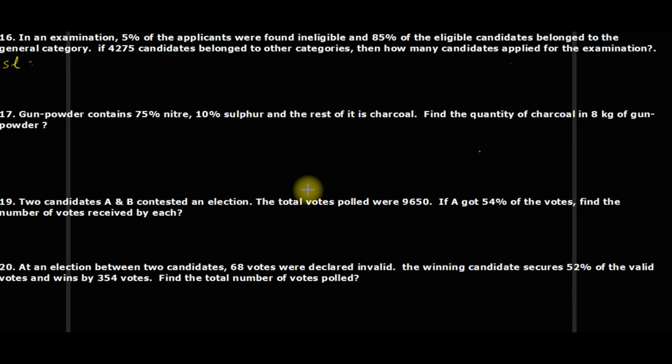Now here students, total applicants are 100. We will assume total applicants equal to 100. Now 5%, that means 5 of the applicants were found ineligible.